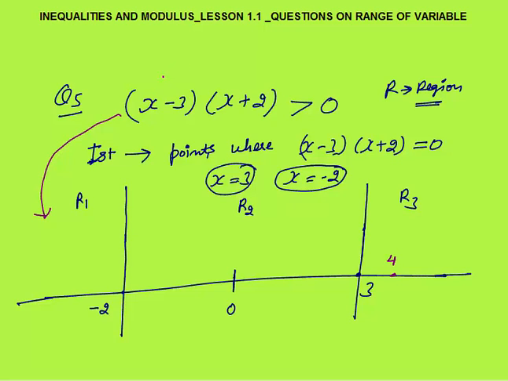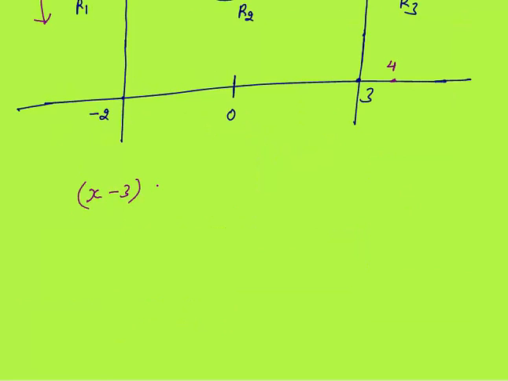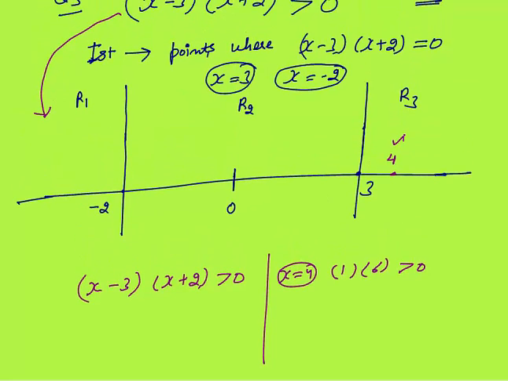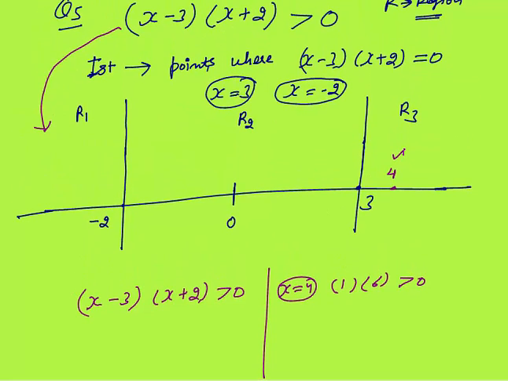Can I say 4 minus 3 would be 1, and 4 plus 2 is 6? 1 into 6 is definitely greater than 0. So for x equals 4 this is true. For all values of x greater than 3, this inequality will be satisfied.